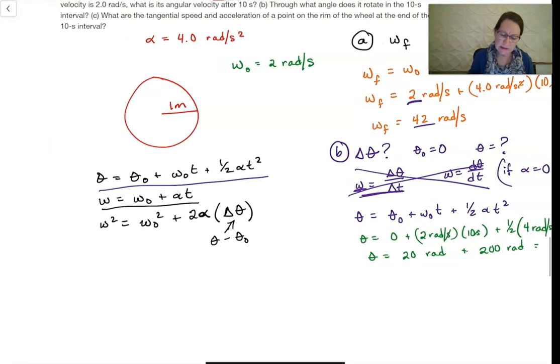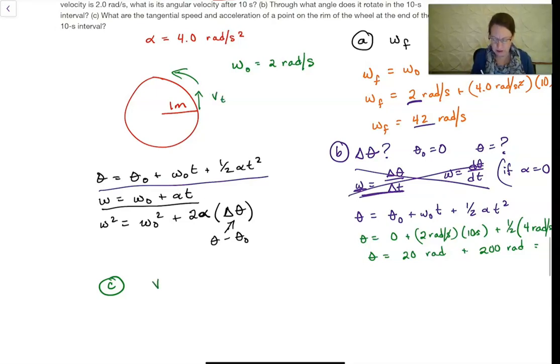Okay, part C, the tangential speed and acceleration of a point on the rim at the end of the 10-second interval. So at the end of the 10-second interval, we want to know the tangential speed. If this is rotating in this direction, you would be looking at something like that, your v at the tangent.